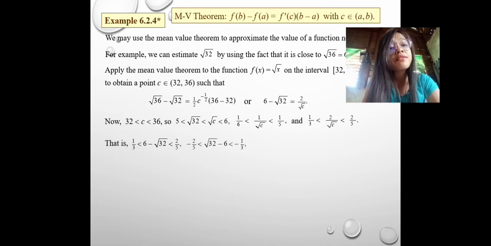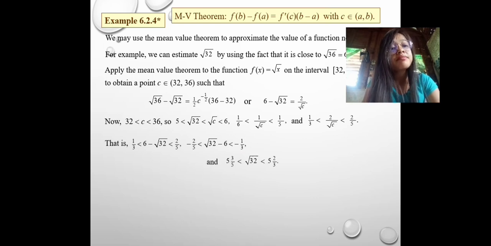That is, 1/3 is less than 6 minus square root of 32, and 6 minus square root of 32 is less than 2/5. Then negative 2/5 is less than square root of 32 minus 6, and less than negative 1/3.